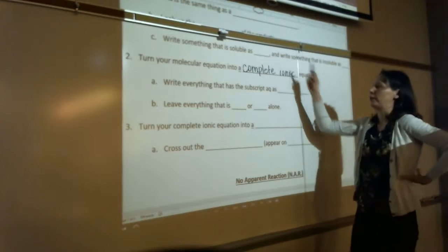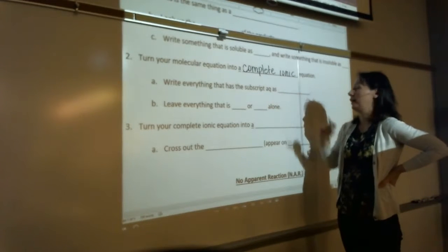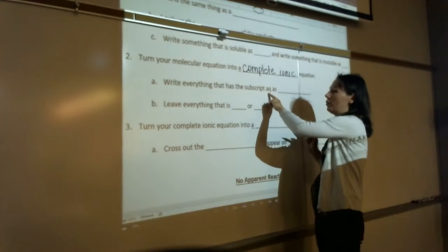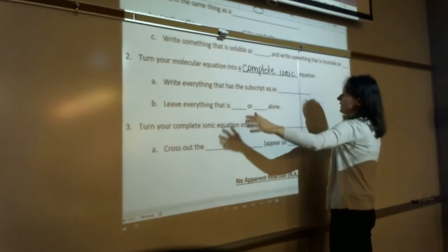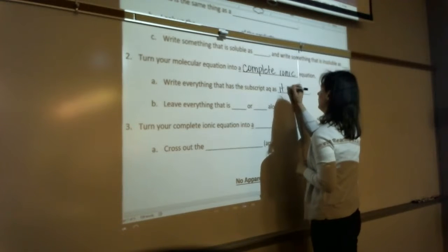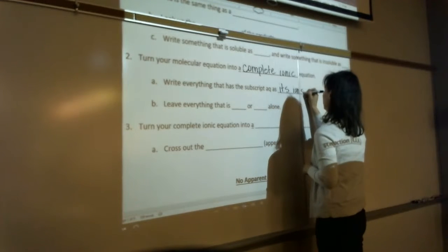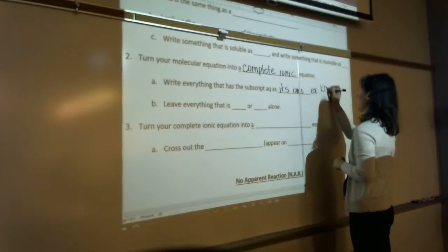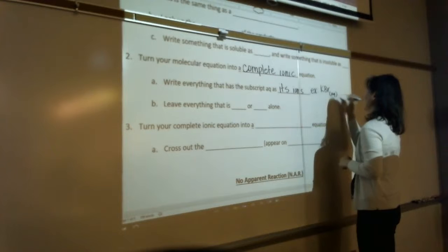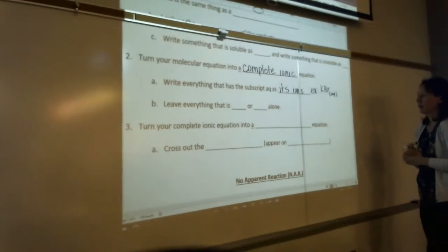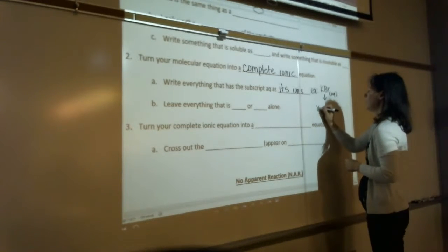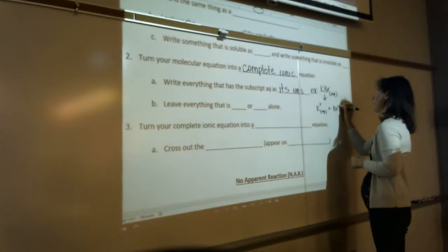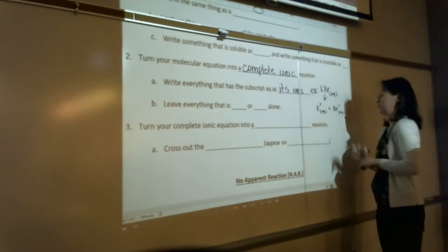So you're going to take your molecular equation and turn it into a complete ionic equation. That means that everything that has the subscript aq, you're going to write as its ions. For example, if you have KBr(aq) in the molecular equation, that becomes K+(aq) plus Br-(aq).